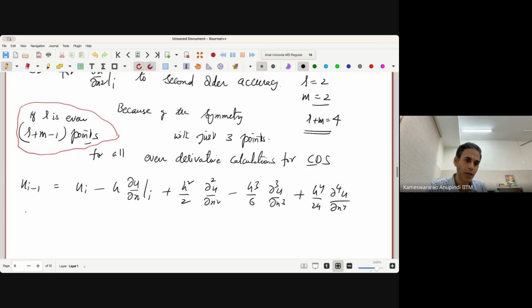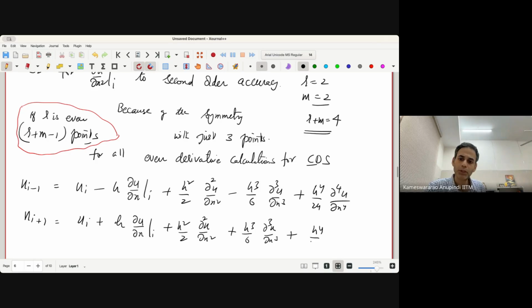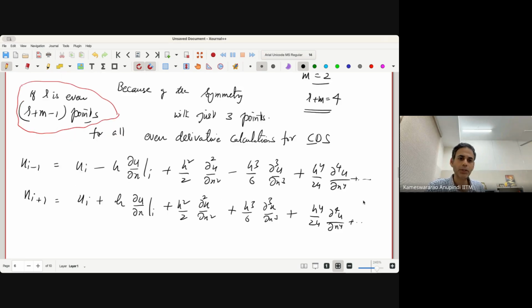That's what we have. And then we have u_{i+1}, that is equal to u_i plus h times ∂u/∂x plus h square by 2 ∂²u/∂x² plus h cube by 6 ∂³u/∂x³ plus h power 4 by 24 ∂⁴u/∂x⁴ and so on. Okay, so that's what we have.